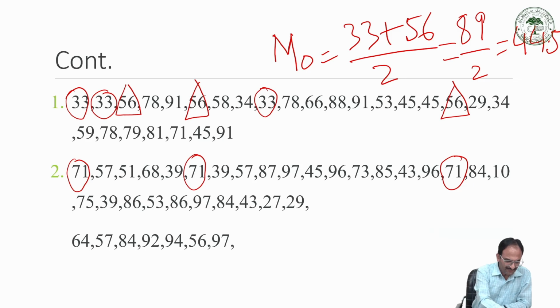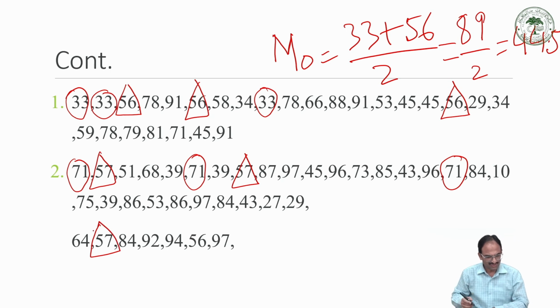It is 57. Once, come forward, 57 second time, come forward, 57 third. So 57 also appears three times.